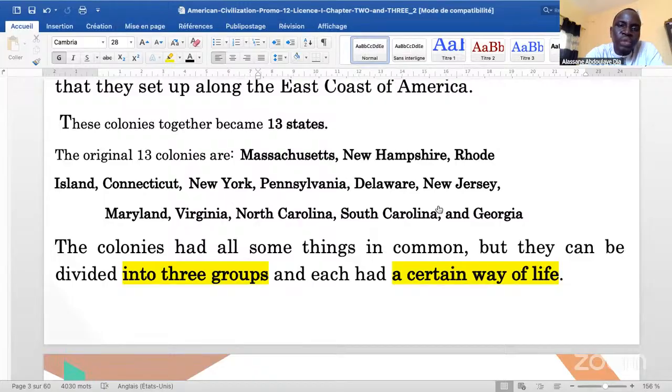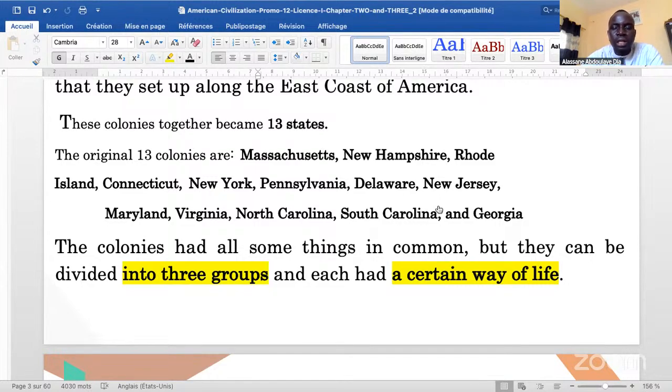The colonies were organized in terms of groups. And this organization tells you about their characteristics and what were the features of each colony. So just to simplify things, understand that when the British arrived and occupied America, they established 13 colonies.